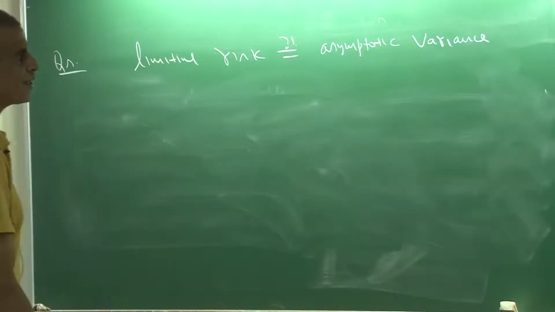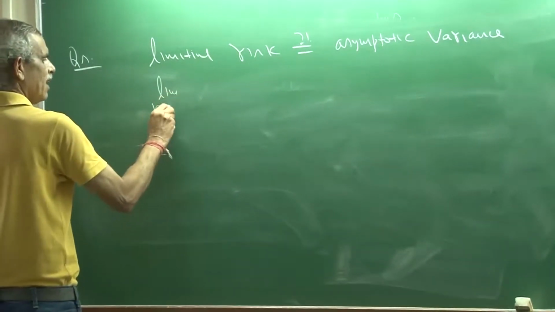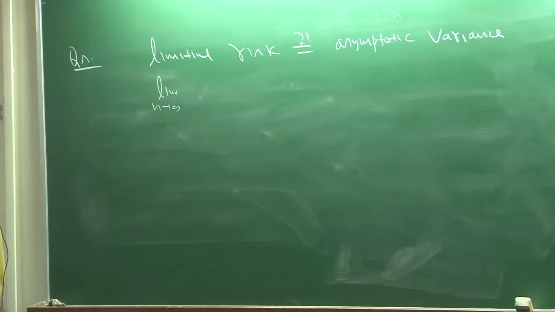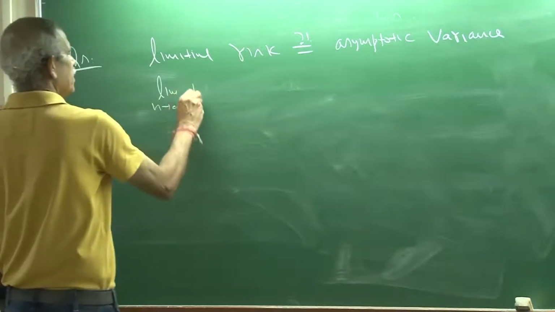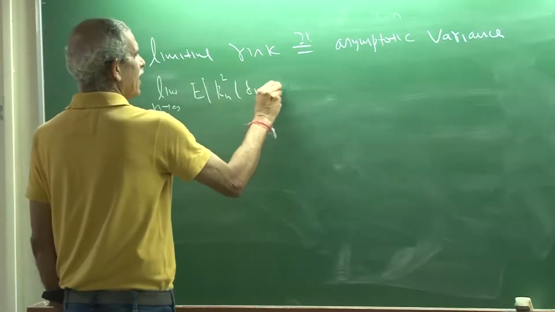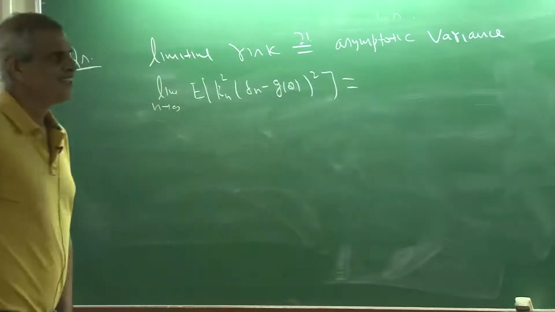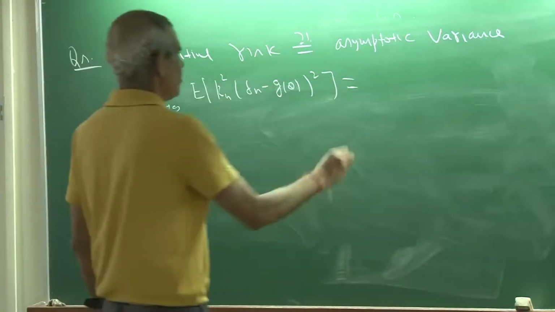Or in other words, can I say that the limit as n goes to infinity of the expected value of k_n square (delta_n minus g(theta)) whole square is the same as tau square(theta) or not?